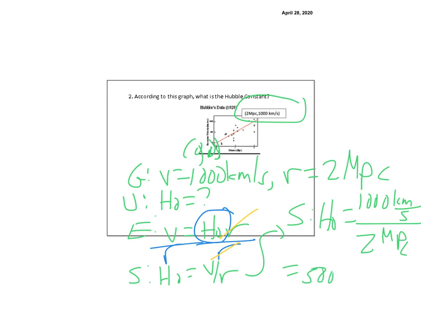And it's 500 kilometers per second per megaparsec. Okay? So that's a 500. Really it is. 500. Let's make that look a little nicer so we can read it. So that is 500 kilometers per second per megaparsec. Right? So there are the two. You do your own and see how you do.